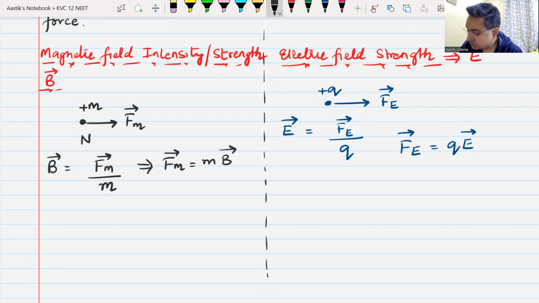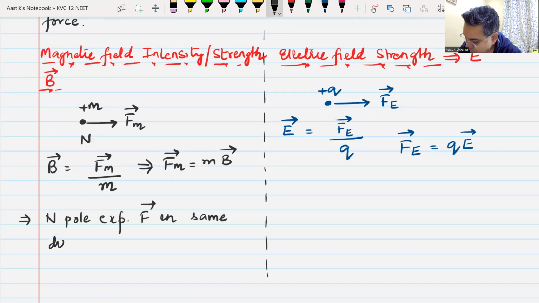If I talk about a North Pole, a North Pole experiences force in the same direction as the magnetic field.